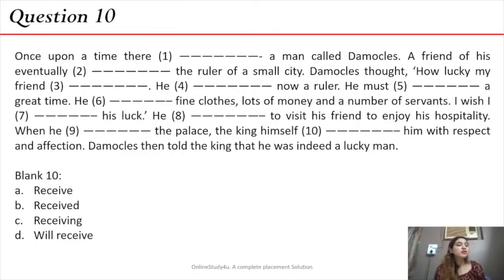The king himself receive, or the king himself received, or the king himself is receiving, or the king himself will receive him with respect and affection? What do you think is the correct answer? All right. Perfect. I see most people giving the correct answer option, which is B. All right. So B is your correct answer option.